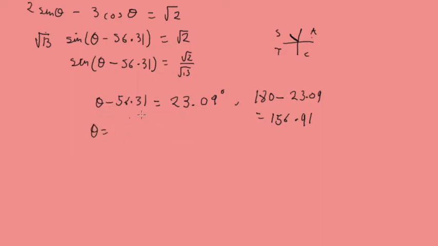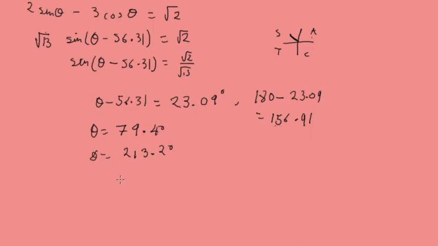Theta will be 23.09 add 56.31, which gives us 79.4 degrees. And likewise on this side, theta will also be 156.91 add 56.31, so it's going to be 213.2 degrees. So I hope that makes sense.